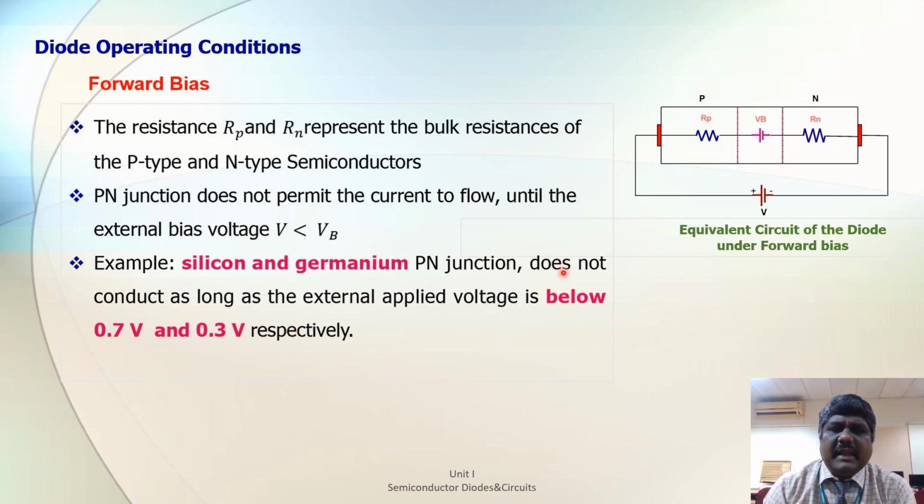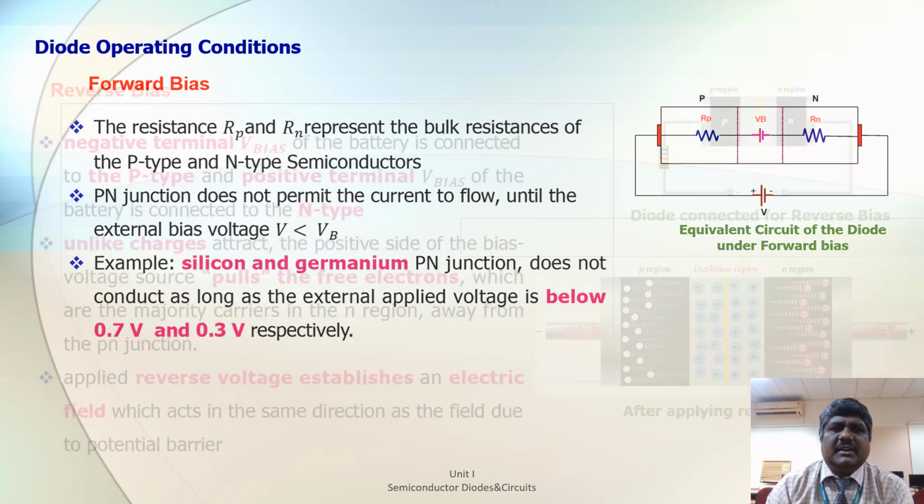So we will not have conduction below 0.7 V for silicon. If I take silicon, after 0.7 V only will the current be more, and this is reflected in the VI characteristics.